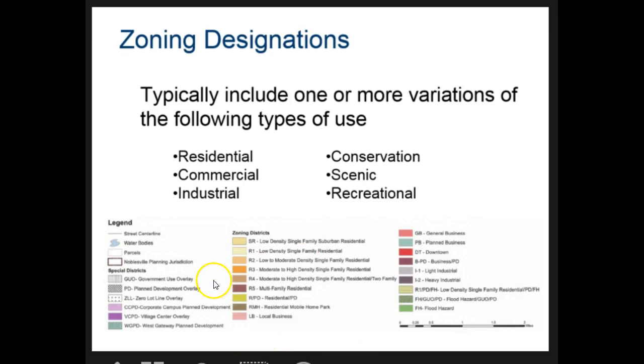This is kind of a blow up of the key, and you'll notice if you look through this, some of these are single family suburban residential, so those are subdivisions, as compared to high density single family residence. That's probably like apartments, multifamily, that would be apartments, and this would be really dense subdivisions. And you can also see business, heavy industrial, all of these are laid out what can go where.